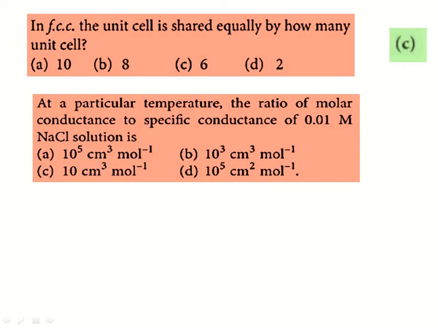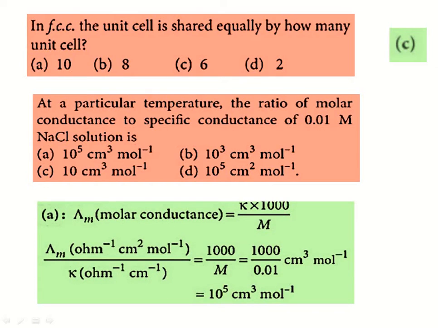Next, at a particular temperature, the ratio of molar conductance to specific conductance of 0.01 M sodium chloride solution is how much? Lambda m is equal to k into 1000 by molarity. If you substitute the molarity 0.01, you will get 10 power 5 centimeter cube per mole, which is option A.